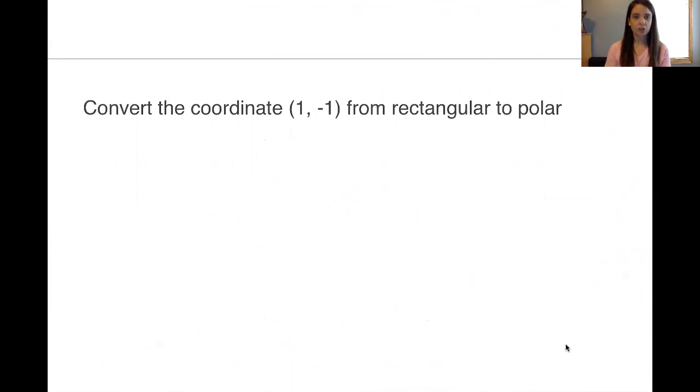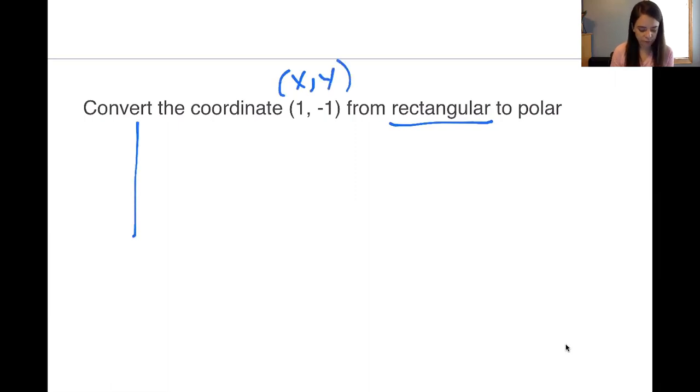Okay, so this is a rectangular coordinate. So we know that this is x, comma, y. And just for a visual, I'm going to go ahead and plot it. 1, -1 is right here in the 4th quadrant.